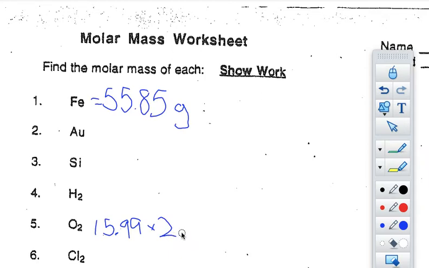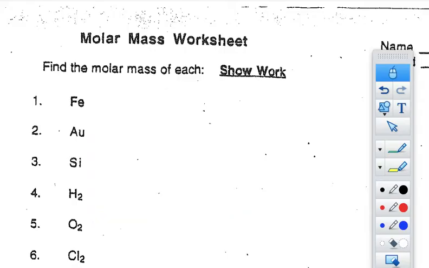So 15.99 times 2, I get 31.98 grams. And again, don't forget grams. There you go. That will be O2. So 1 mole of O2 equals 31.98 grams, since there are 2 oxygens there. Makes sense?